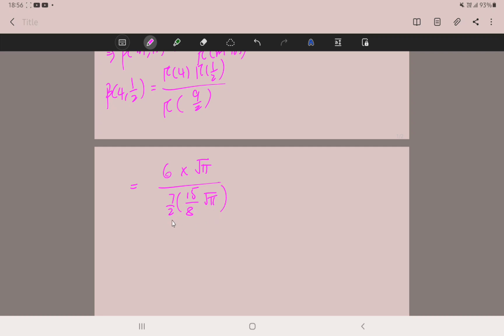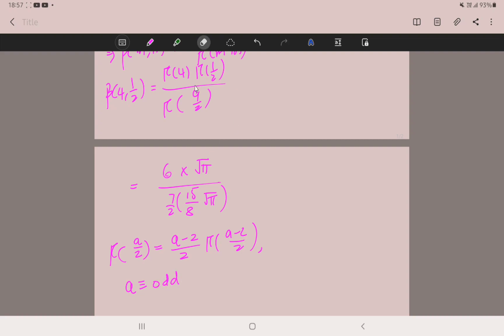So this is the way I remember it. For example, gamma of a divided by 2, where a must be odd, is basically the number before it, which is a minus 2 over 2, times the gamma of a minus 2 over 2.